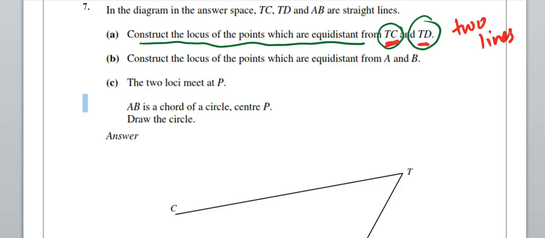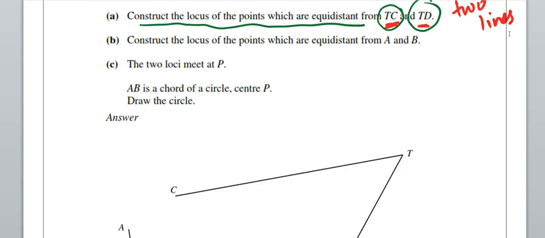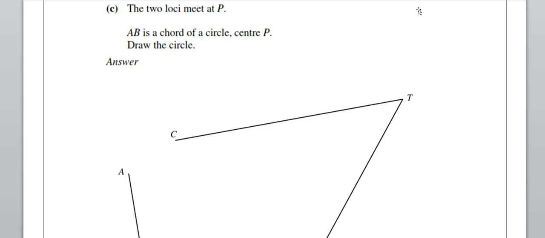So how will you do the construction? TC and TD: the common point here is T. So you have to do an angle bisector from point T. What was the method here?